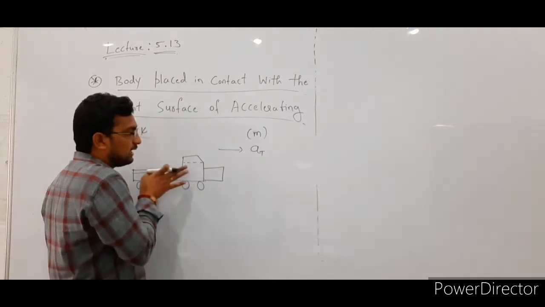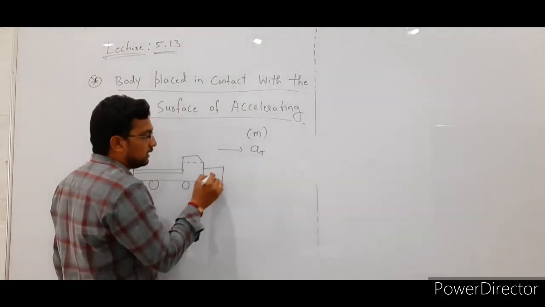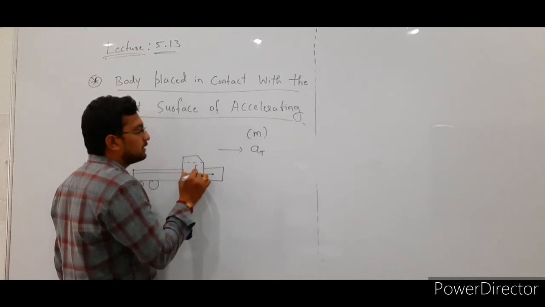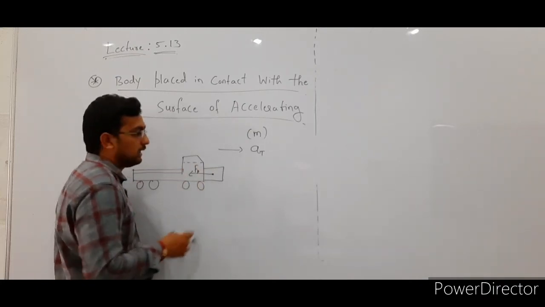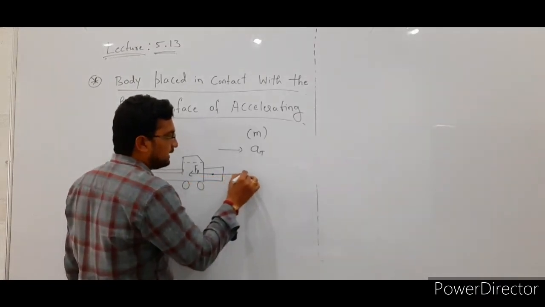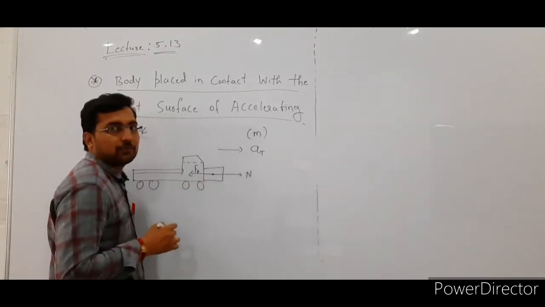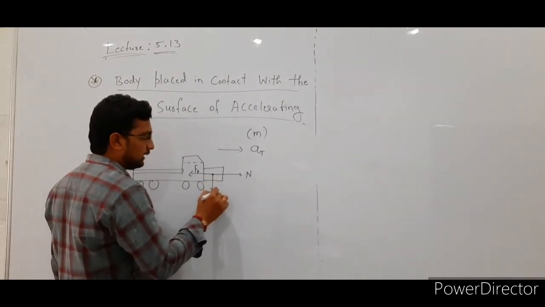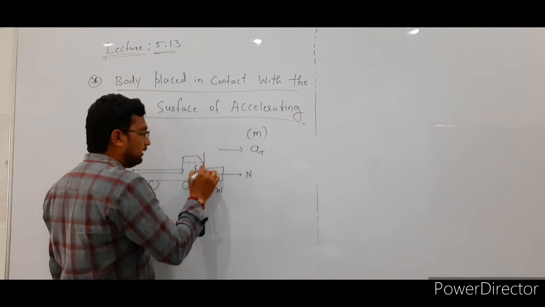So if the truck is accelerating in this direction, the pseudo force F_p acts on this block in this direction, the normal reaction acts in this direction, and the weight of this block acts in this direction.